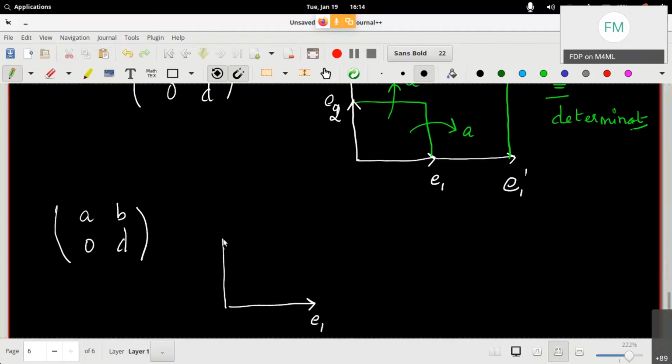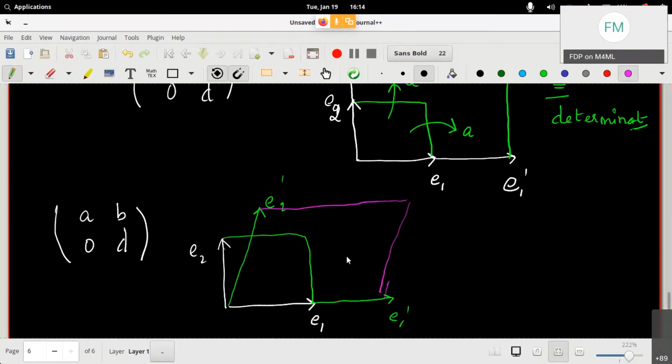So this is my E1, this is my E2, and now this goes up, that is E2 prime, and that's E1 prime as it is, right? So I didn't change anything here, but it's changed by B and D. So instead of a square, I have moved from a square space to a parallelogram.